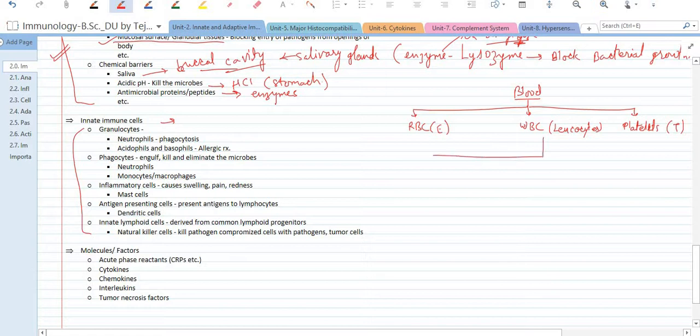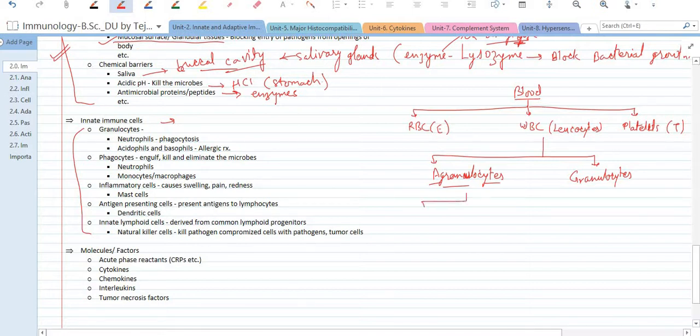Out of these, WBC have two types: agranulocytes, which do not have granules, that's why they are called agranulocytes (cytes means cells), and second, the granulocytes, because these cells have granules.